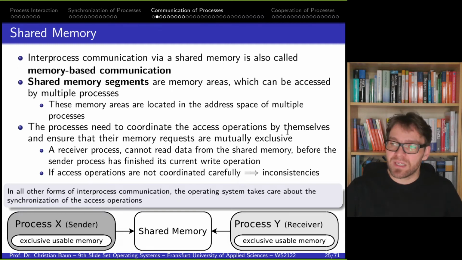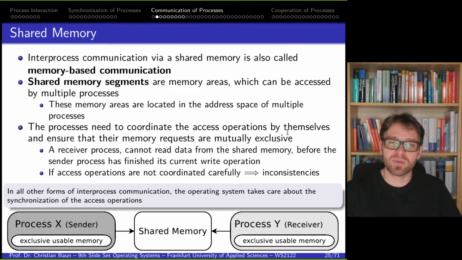If we attach a memory address range to several processes at the same time, we need to make sure that write operations are not executed in this memory address range at the same time. It needs to be mutually exclusive memory requests here. We as developers need to take care of this. The operating system will not.